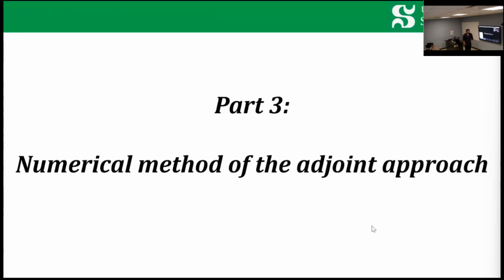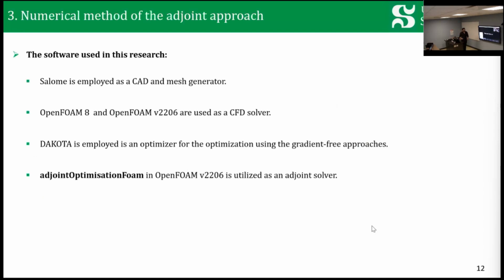So here I want to talk about the numerical methods related to the adjoint approach. As different types of simulation have been done, in order to avoid repetition, all software used in this research is introduced here.